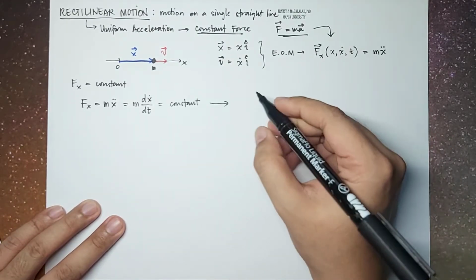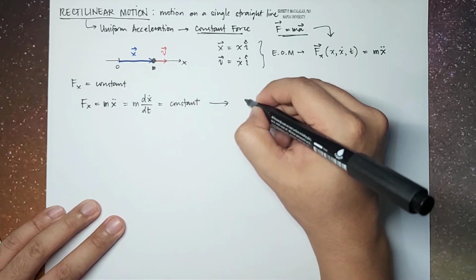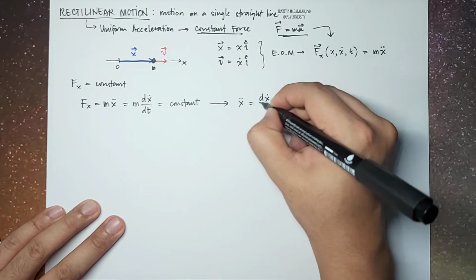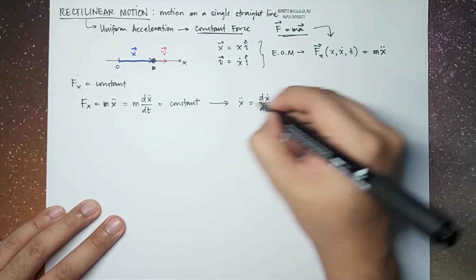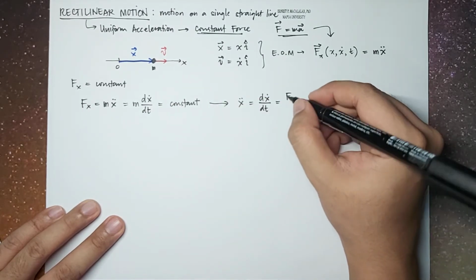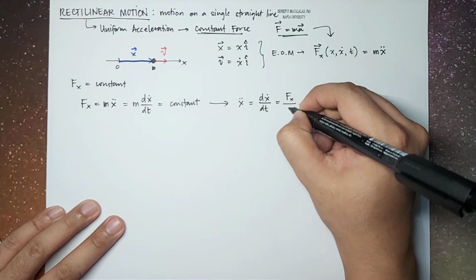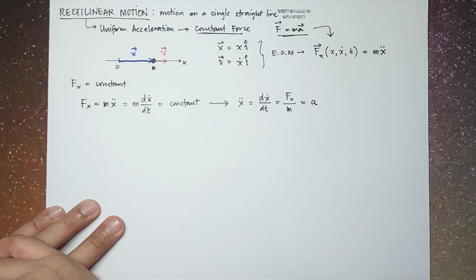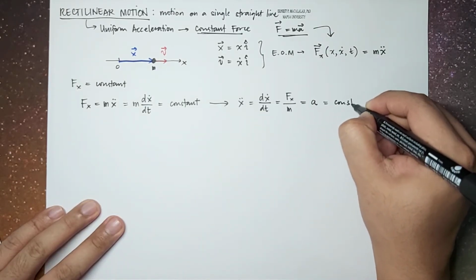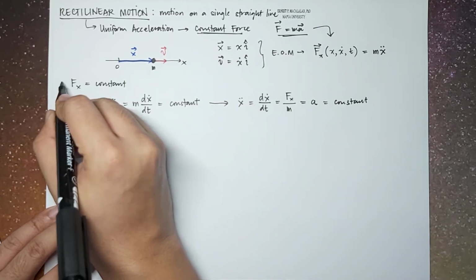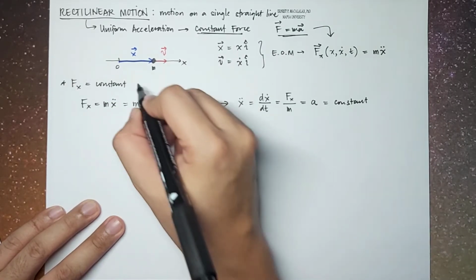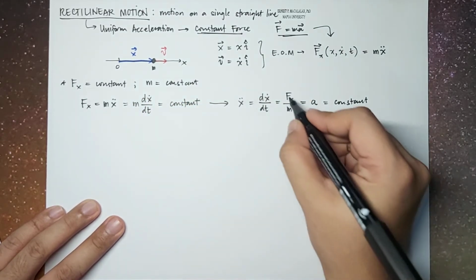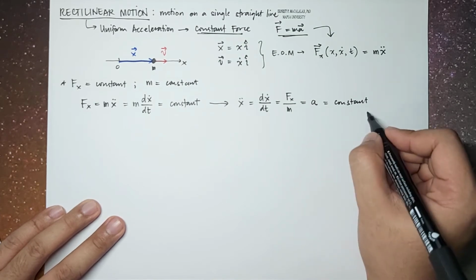From here we can define the acceleration x double dot, which is the derivative of x dot with respect to time, and this becomes F_x over m, and let's call this a. This is a constant because F_x is a constant and m is a constant. So F over m, which is a, is also a constant.